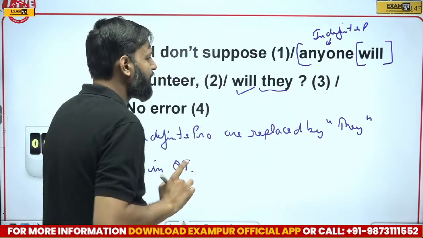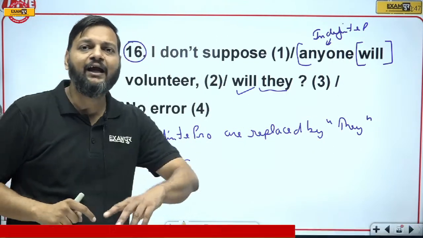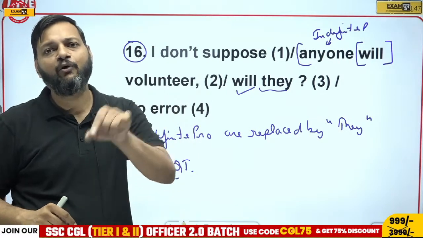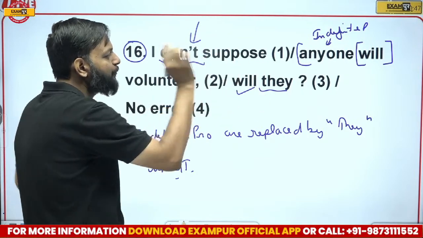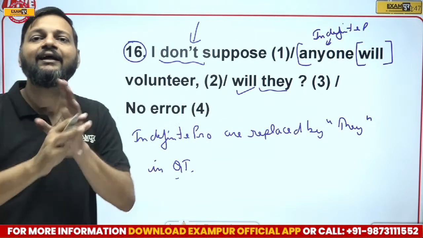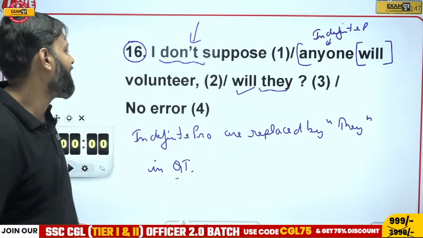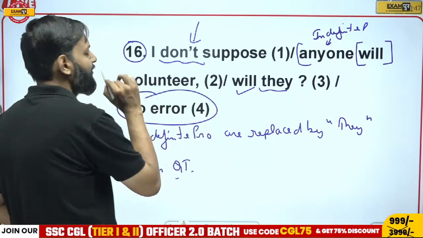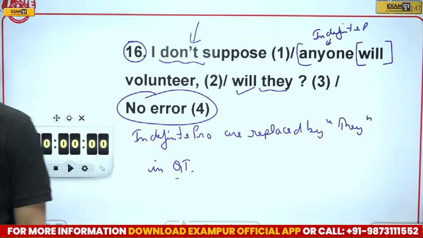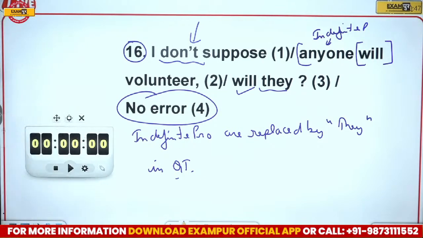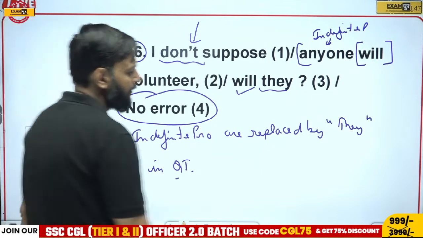So they is also correct. Now, the question tag of a negative sentence is positive and of a positive sentence is negative. The sentence is negative, so we need a positive question tag. So will they is absolutely correct. In this sentence, there is no error.